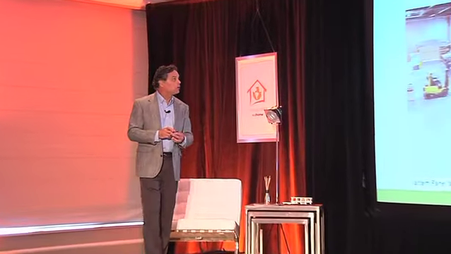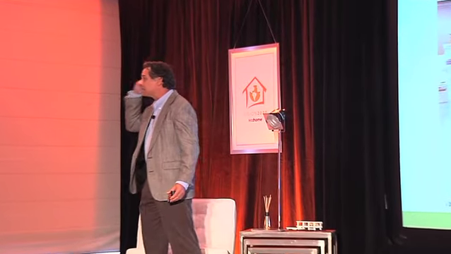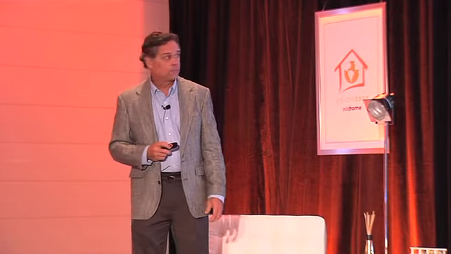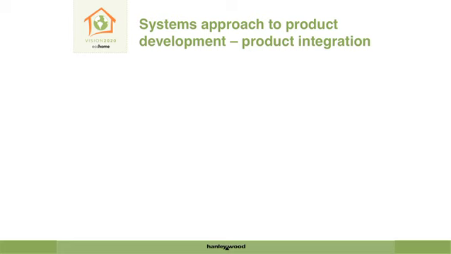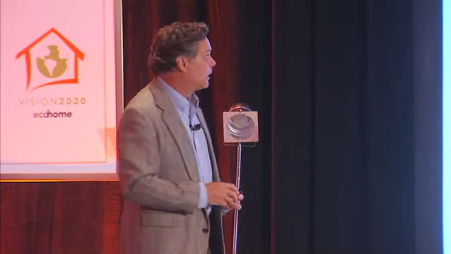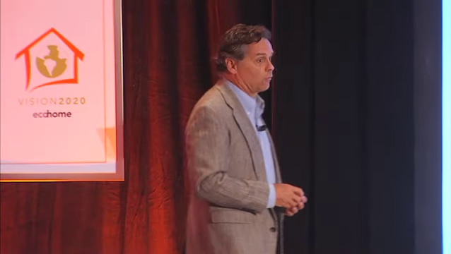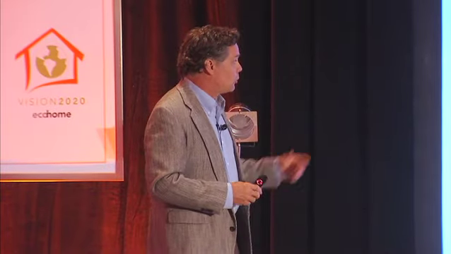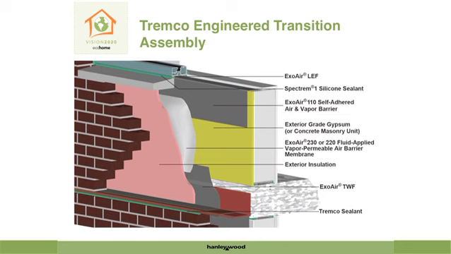So how in the world do you take that type of challenging environment and the risk involved and change it into a business opportunity? Well, we think one way that it can be done is by taking a systems approach to product development, and that means product integration. Now, I'm going to give an example here, sort of one of the really extreme examples, which is Tremco manufactures commercial building sealants.